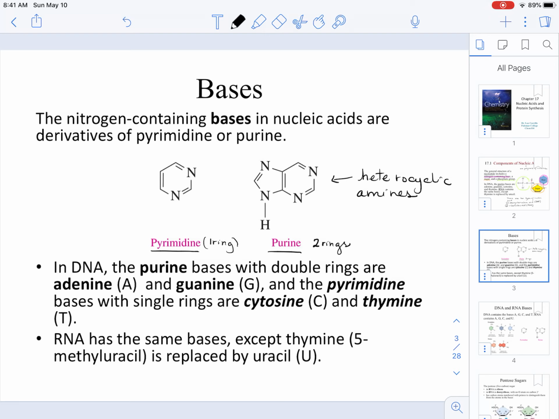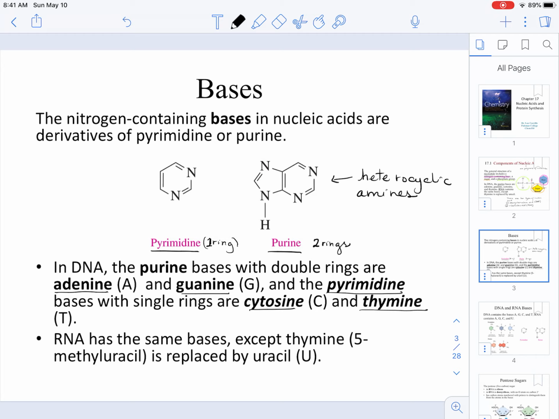In addition to that, you should know which ones of the nitrogen bases are purines and which ones are pyrimidines. So as you can see, in DNA, we are going to have the purine bases, meaning the ones with the double ring, that are called adenine and guanine. And we're going to have the pyrimidine bases, cytosine and thymine.